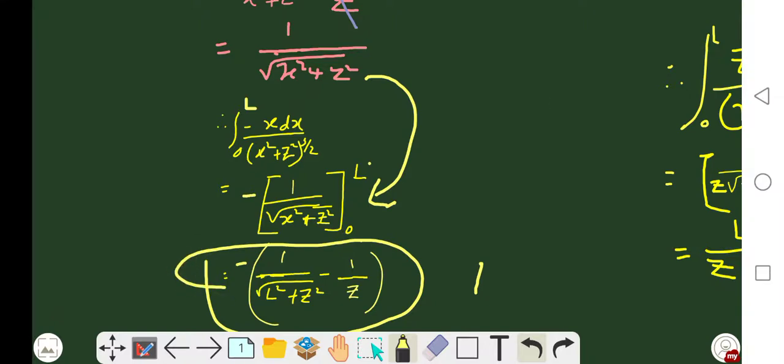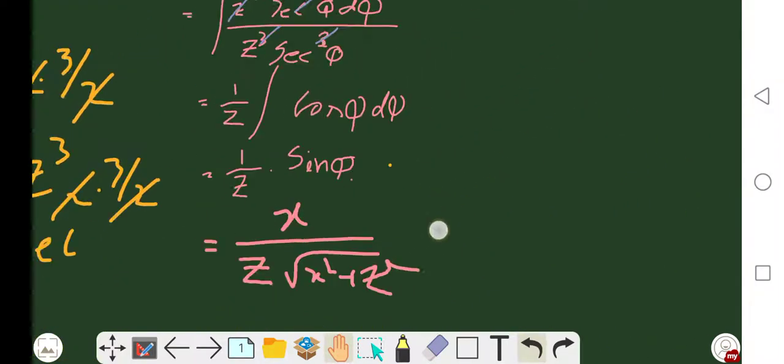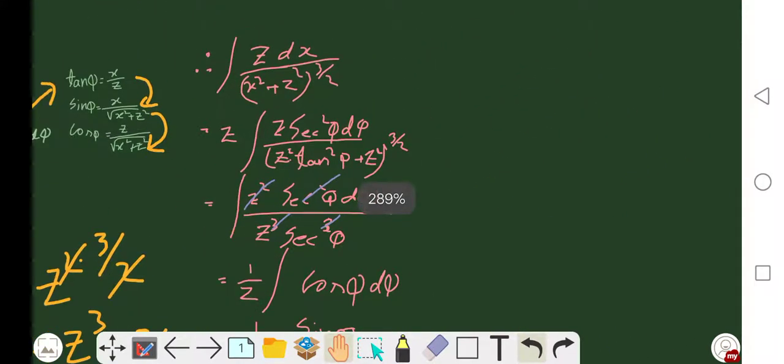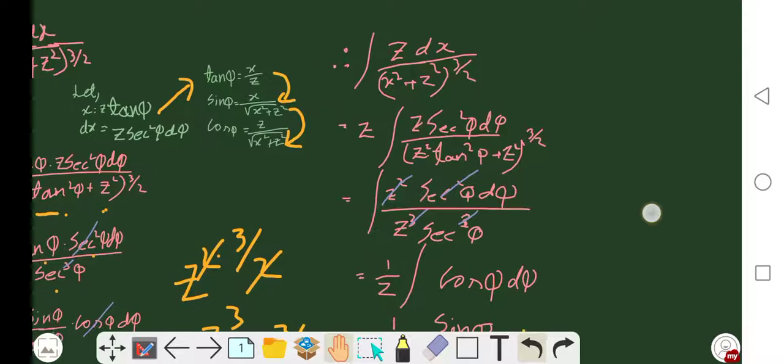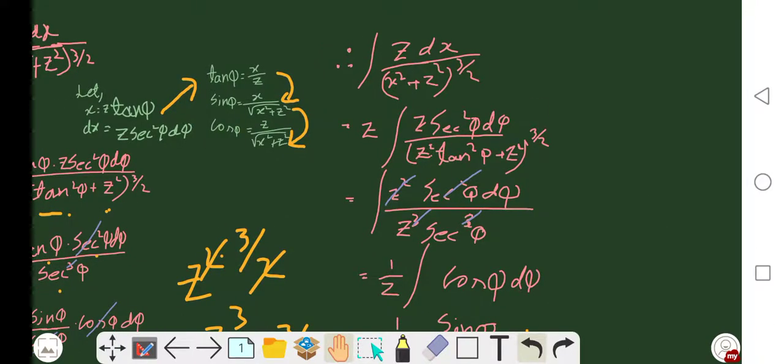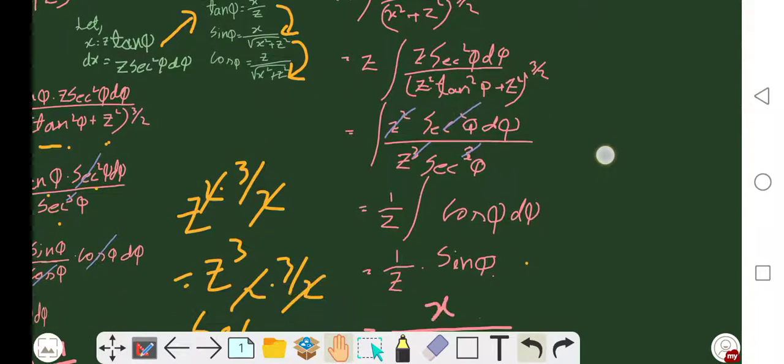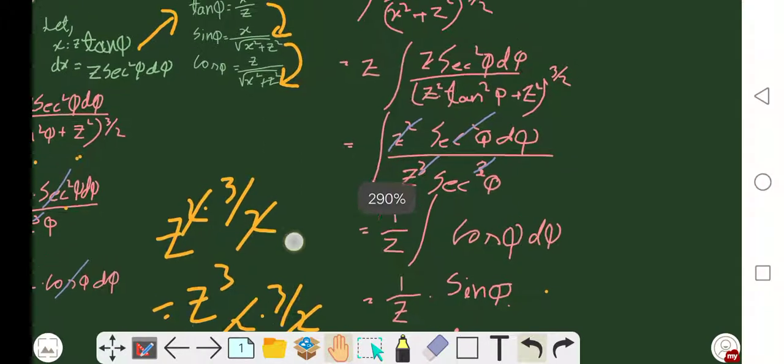Now go for the second integration, that is z by (x square plus z square) to the power 3 by 2 into dx, and again we put the value of dx and x square like the previous one.